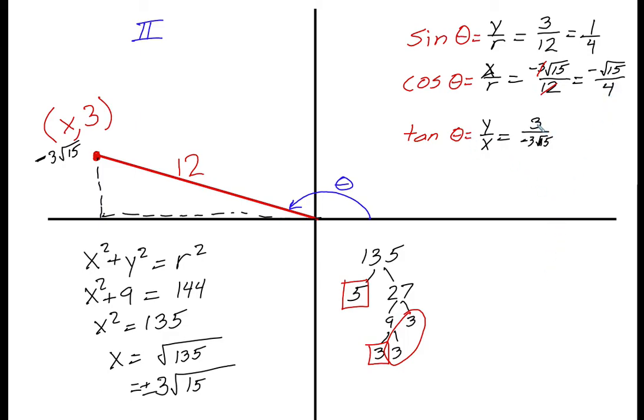For tangent, we can cancel our 3's, and we get negative 1 over the square root of 15, but we'll rationalize the denominator, which is what we call it when we get rid of any square roots on the bottom. Multiply by the square root in both places, and we get negative square root of 15 over 15. There's the sine of our angle, there's the cosine of our angle, there's the tangent of our angle.